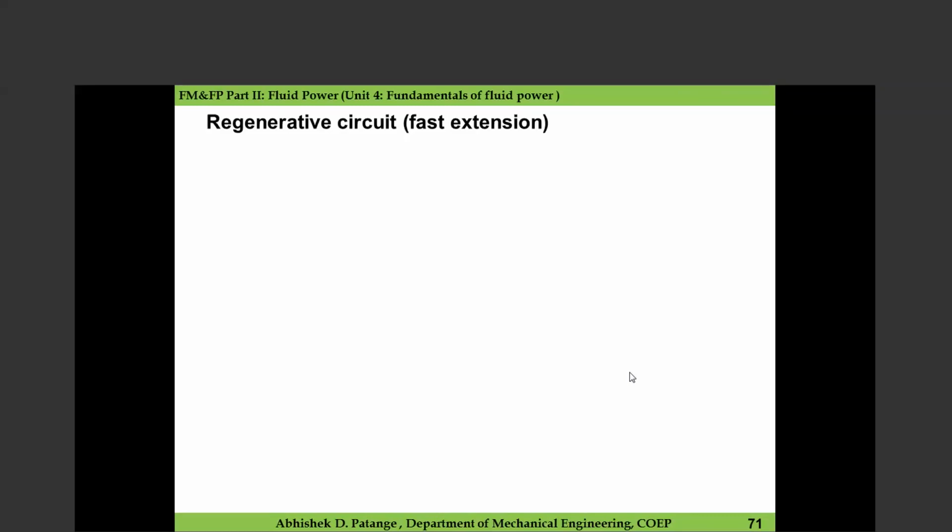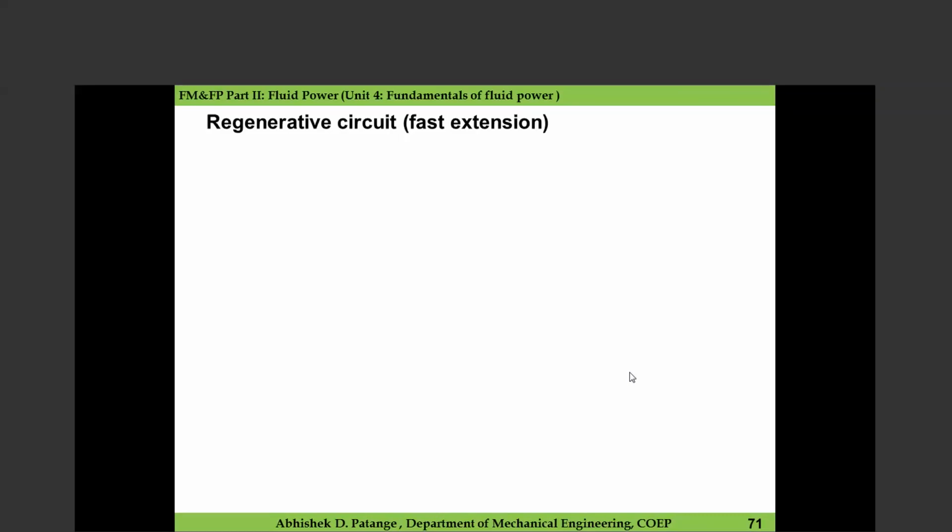I will reiterate it once again. For a simple double acting cylinder circuit, for extension stroke, liquid will be added from the blank end, and the liquid which is available at the rod end will be taken out and given to the tank.